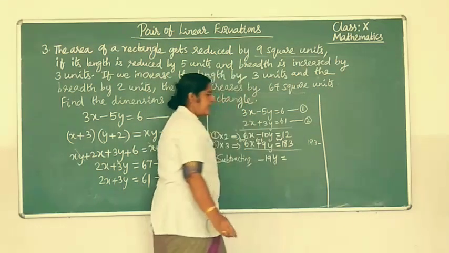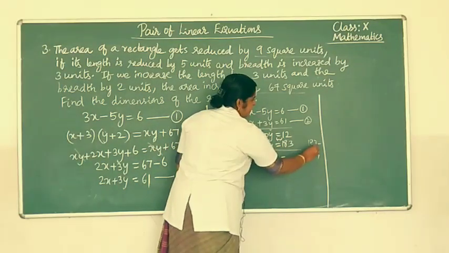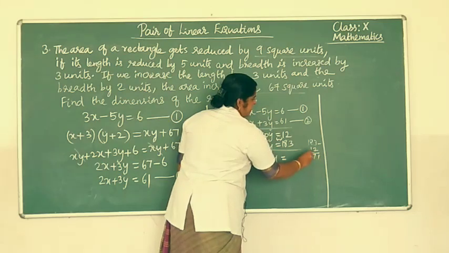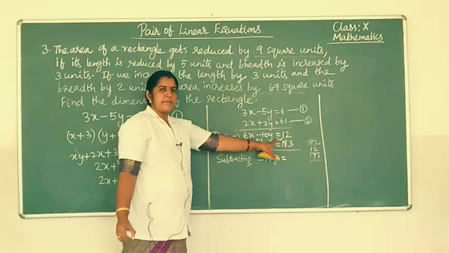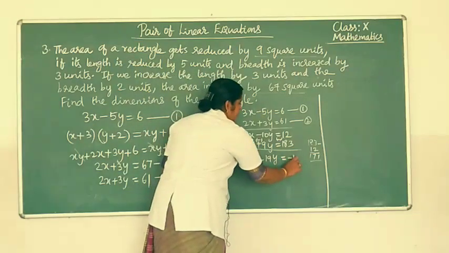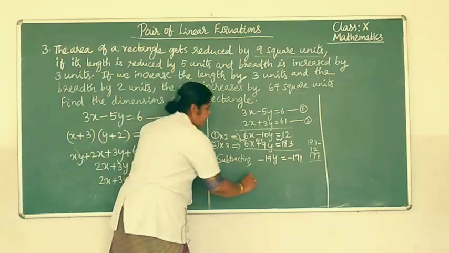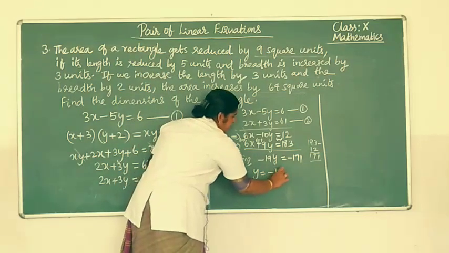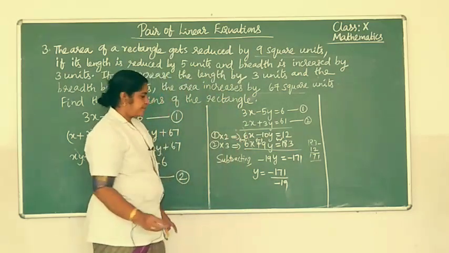Subtract the smaller number from the bigger number. So you get 183 minus 12, which is 171. Put the sign on the greater number's side, that is minus 171. So from this, what is y? y equal to minus 171 by minus 19.